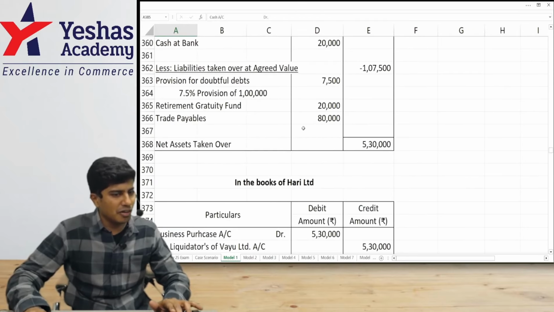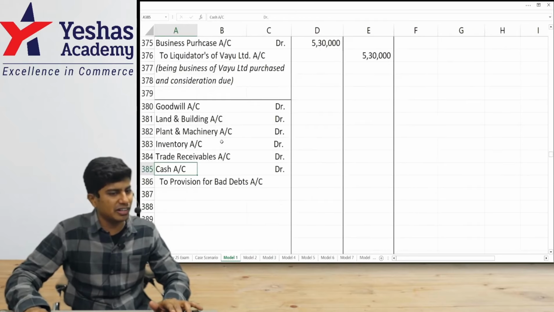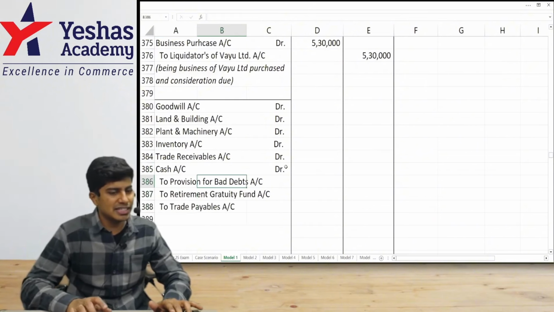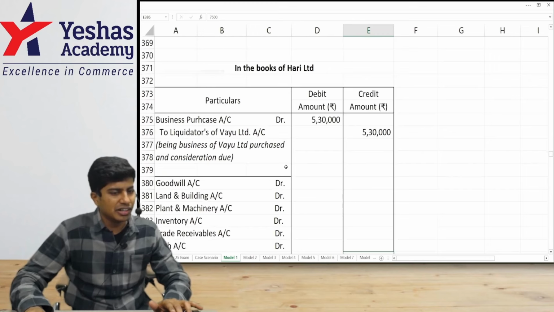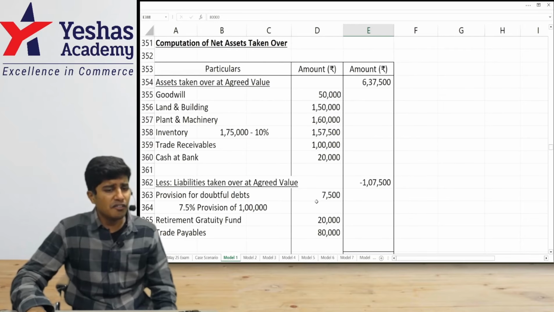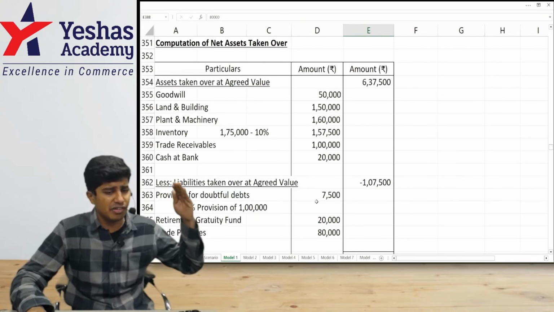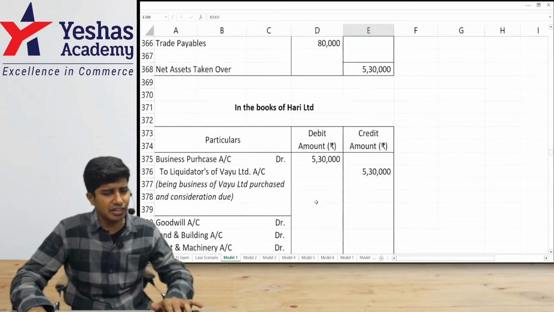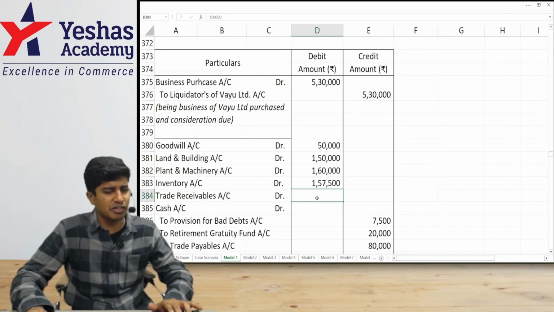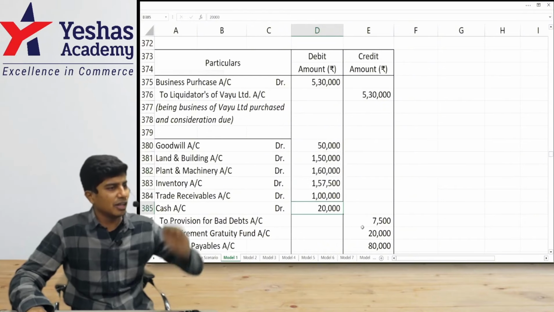Credit will be provision, retirement gratuity fund, trade payables. Retirement gratuity fund is 20. Trade payables is 80. Debit amounts will be 50, 150, 160, 157, 500, 1 lakh 20.